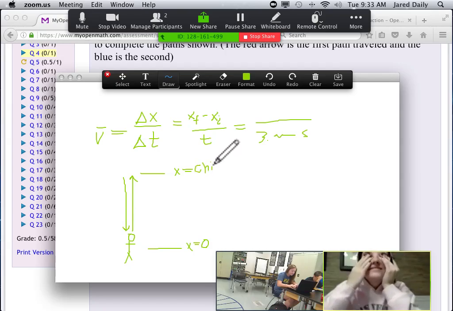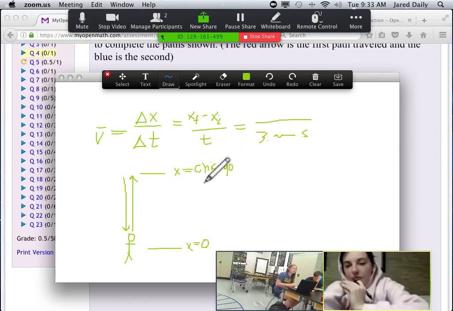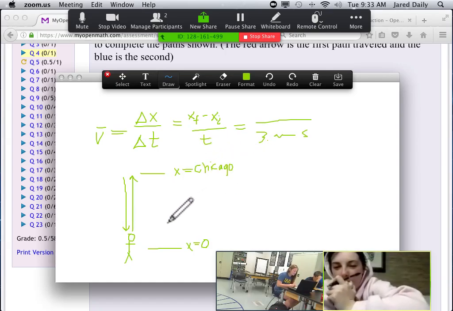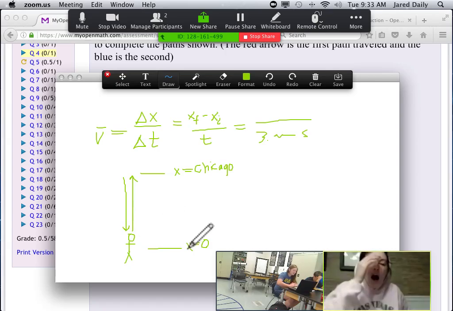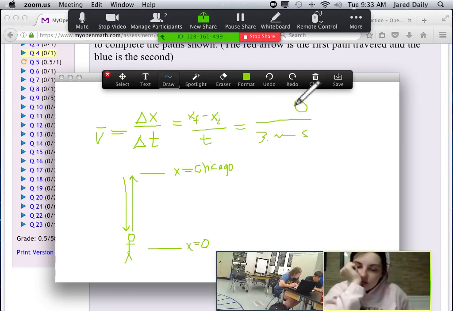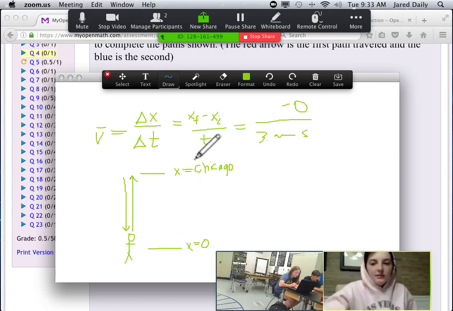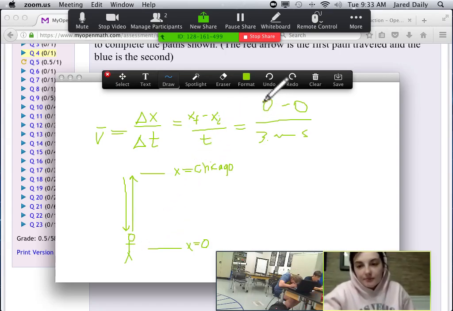Doesn't really matter what it's called, right? It's not going to matter what this x is up here. Why not? Where does he start? He starts at x equals 0. That's the initial. Where does he end up? At x equals 0. So he ends and begins in the same spot.